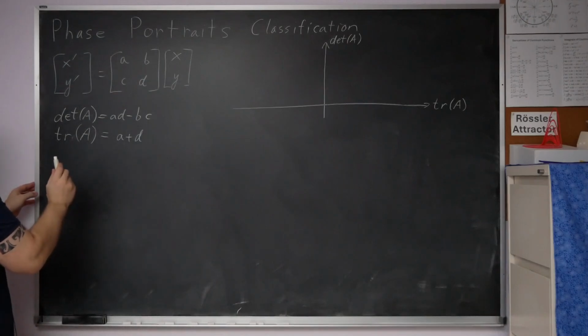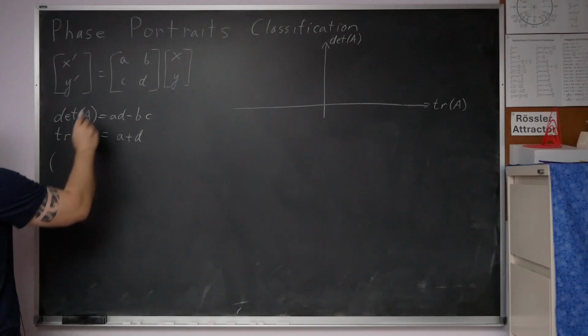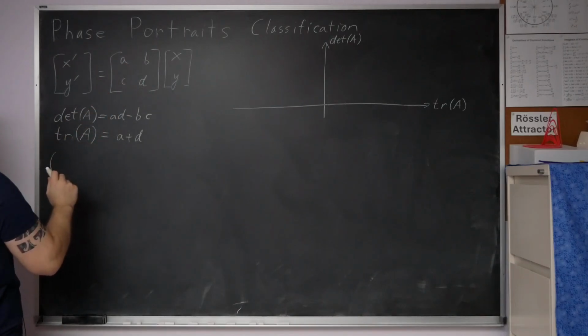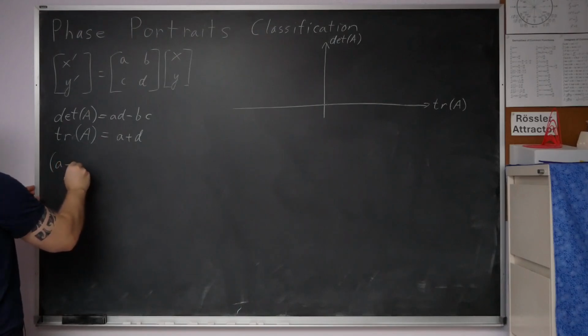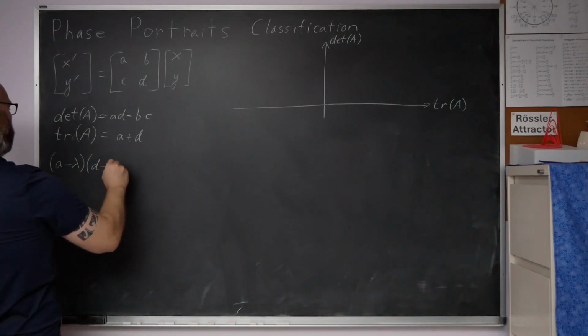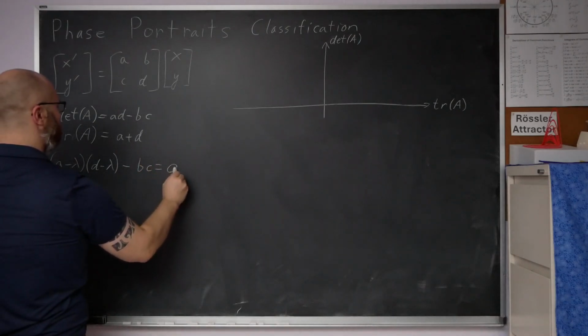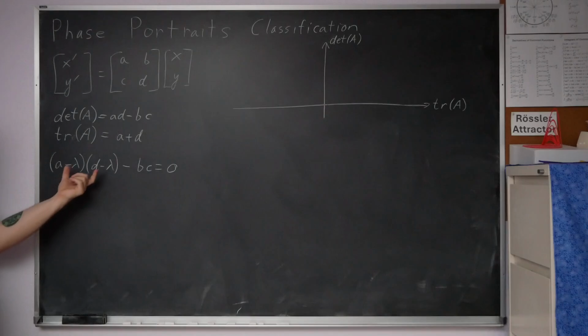Now, one way we can see that is when you're computing the eigenvalues, you form that polynomial. You subtract lambda times I, determinant equals 0, so you have A minus lambda times D minus lambda, minus B times C. So that equals 0 for these symbols to be eigenvalues.